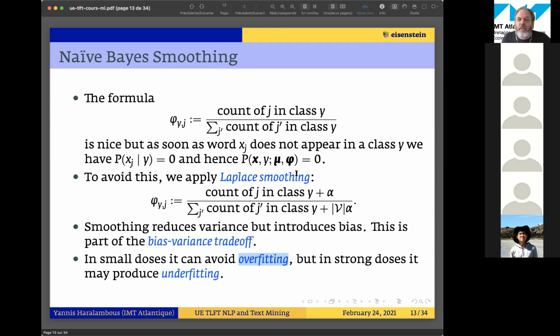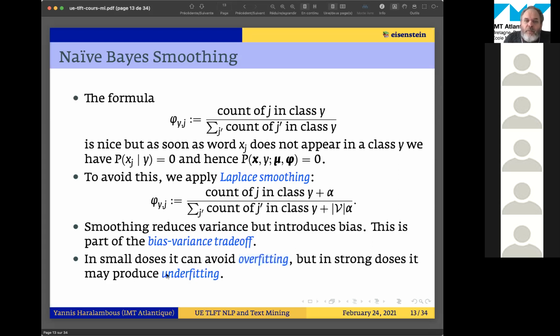You need your model to be more general, not depend entirely on your training set, and being able to do predictions outside the training set. And smoothing does this. Why? Because it has less variance. Having less variance means having less overfitting, because your prediction depends less on your training set and more on the general characteristics of your model.